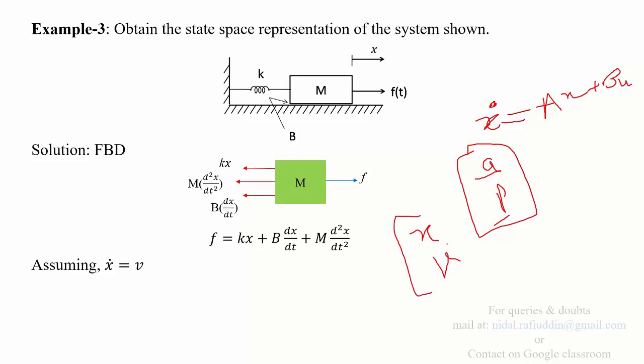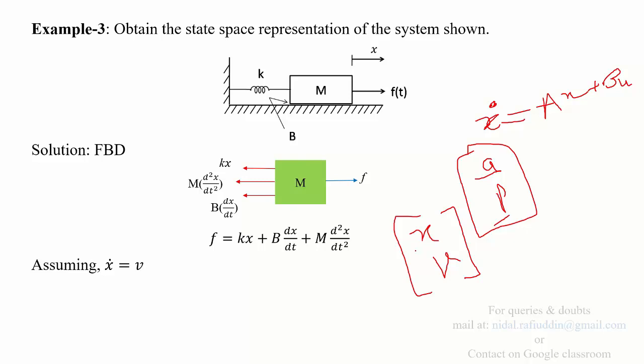These are the two state variables always associated with mechanical systems, and almost all books use displacement and velocity as state variables. But as I told you yesterday, if any other variable within the system has a linear dependency on x or v, that variable can also be chosen as a state variable. But for the time being, since all the books use x and v, we'll assume displacement and velocity as the state variables.